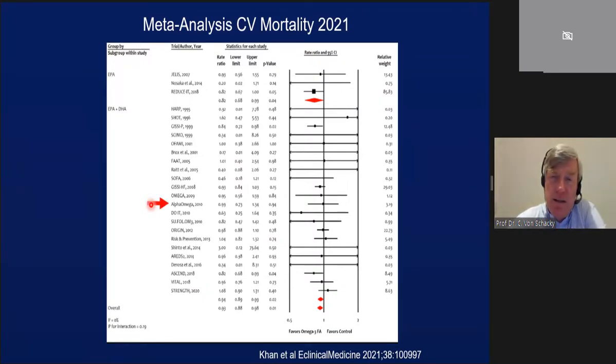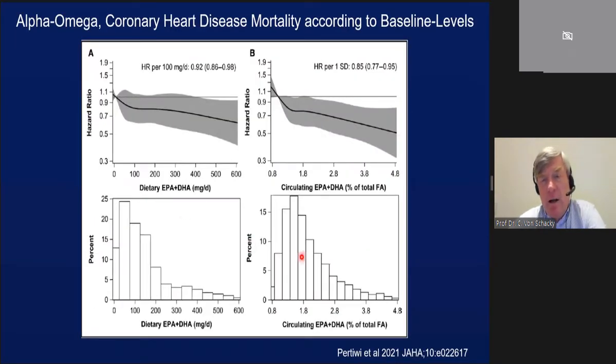And in 2016, I gave a presentation to this group. And then they went back to their freezers and they analyzed what they had. They had some plasma left, and they realized that, yes, there is a relation between events and omega-3s, but it's the baseline value and not the intervention that they did.